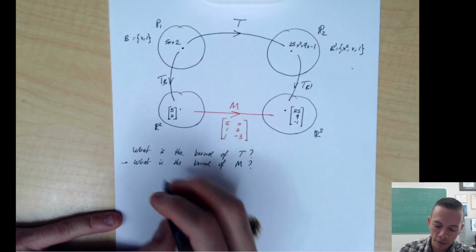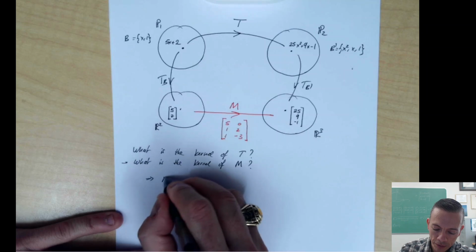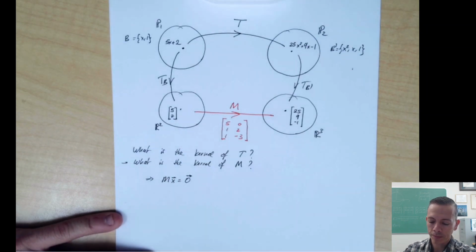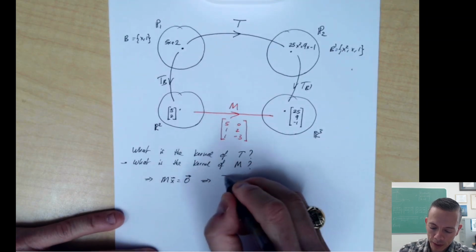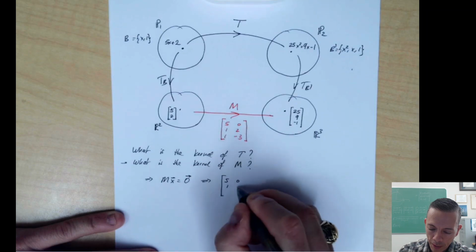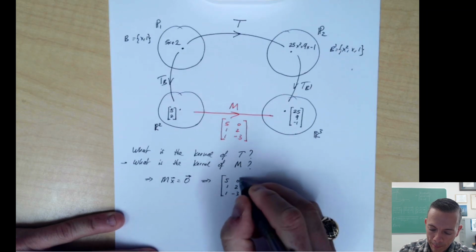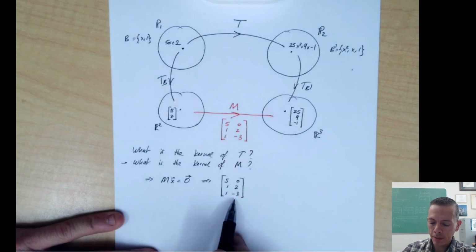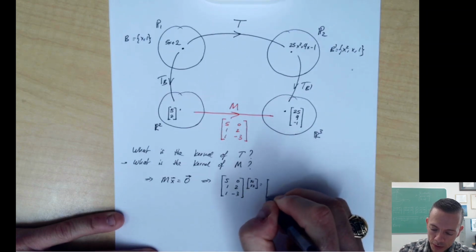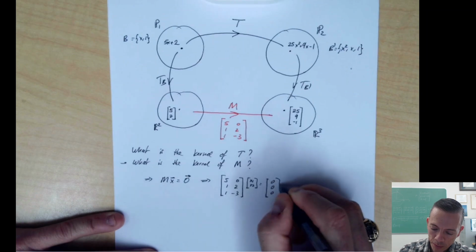So to find the kernel of M, we just want to solve for Mx equals 0. So in other words, the solutions of this matrix times x1, x2 equals 0, 0, 0.